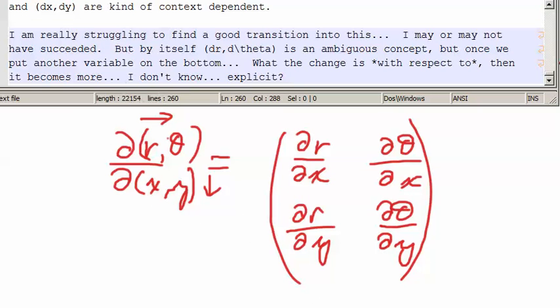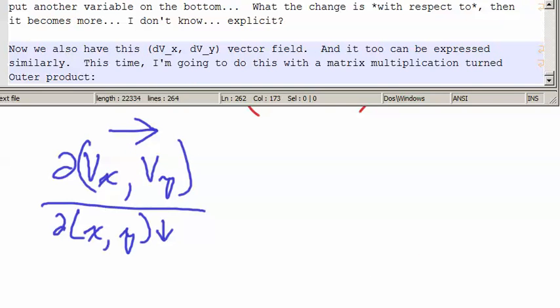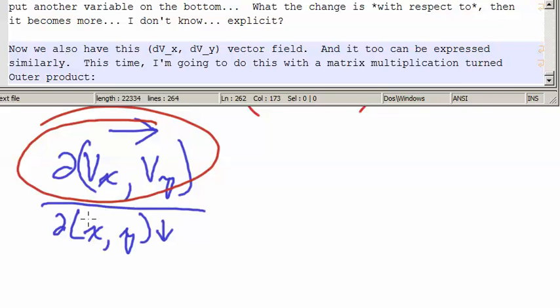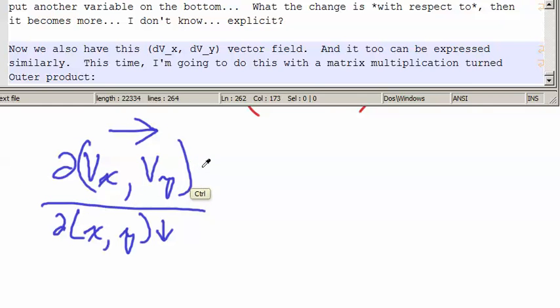I'm really trying to find a good transition into this. I may or may not have succeeded, but by itself, dr d theta is an ambiguous concept. But once we put another variable on the bottom, what the change is with respect to, then it becomes, I don't know, more explicit. Now, we also have this dv sub x, dv sub y vector field, and it too can be expressed similarly.